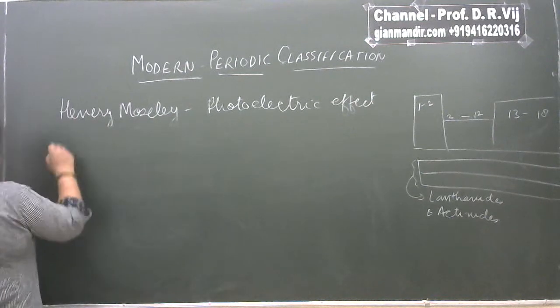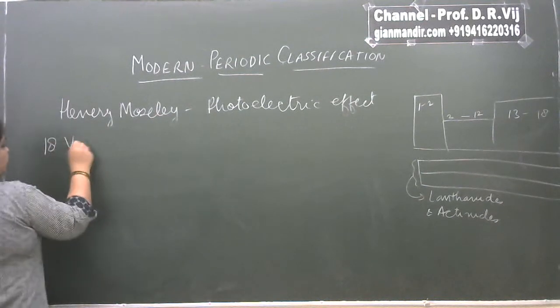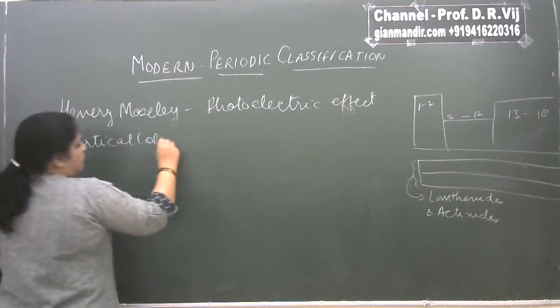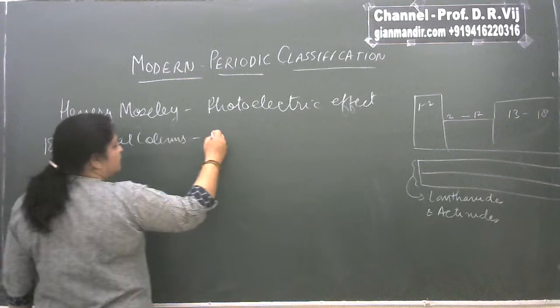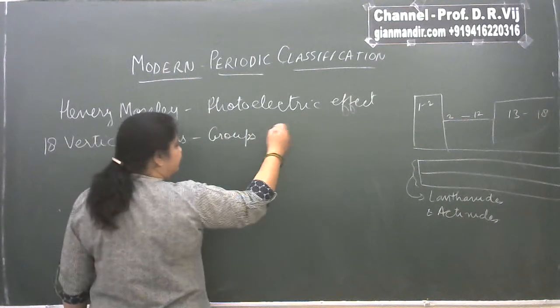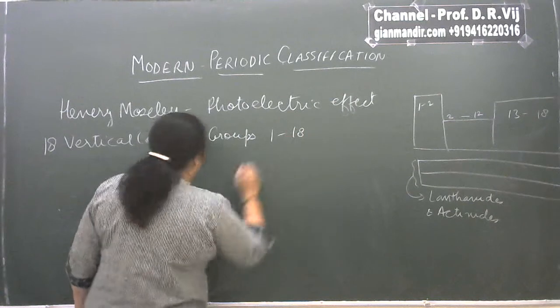So in this periodic table there are 18 vertical columns called groups, which are simply numbered 1 to 18.